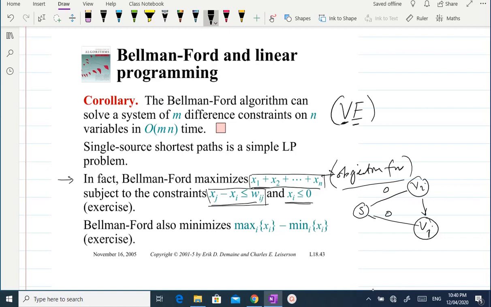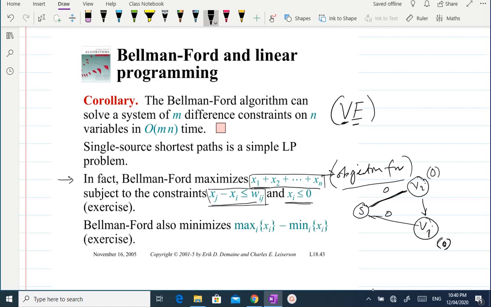The shortest path from S to Vi is 0. Similarly, the shortest path from S to Vj is 0, and this is the initialized value because all the vertices are connected with 0 edge weight, right?